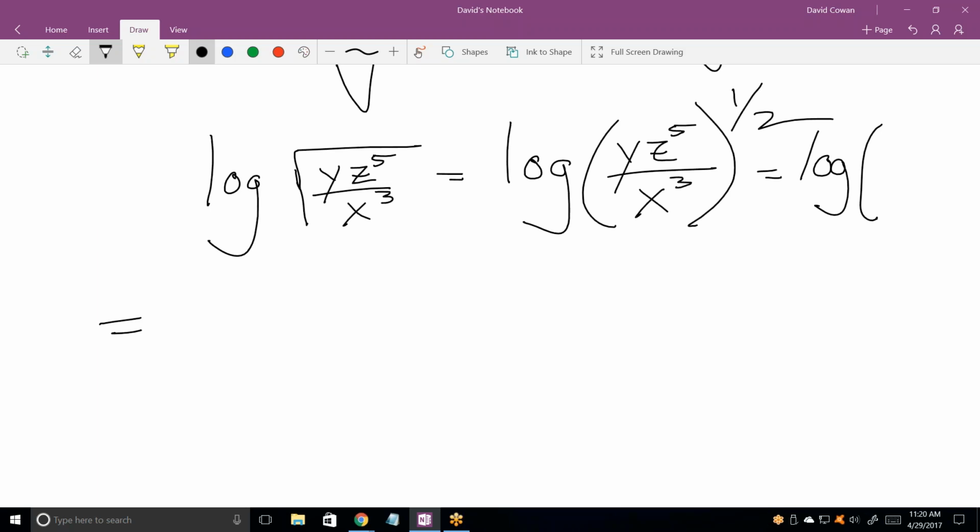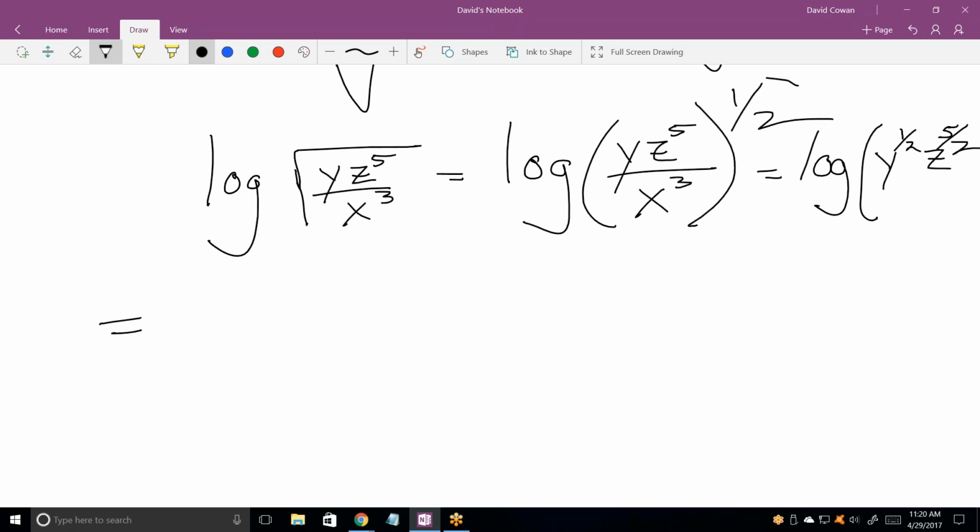So log of square root of y. Sorry, I wrote it wrong. I use the radical sign. Let's make that an exponent. So log of y to the 1/2 times z to the 5/2.